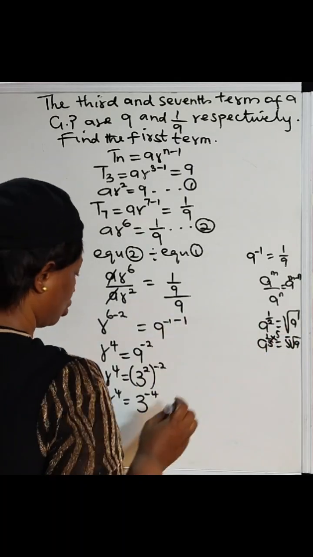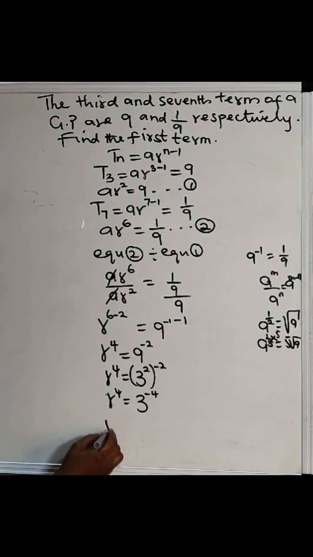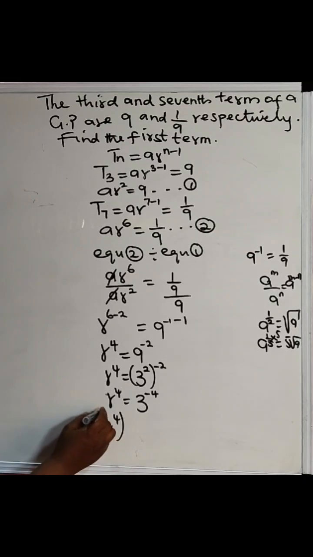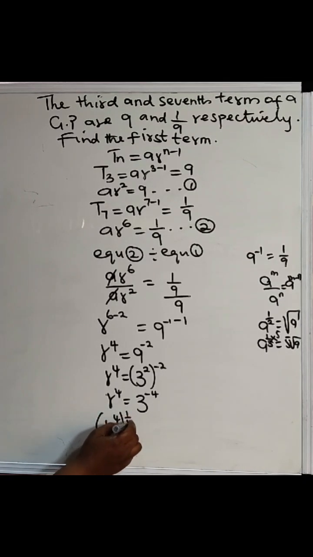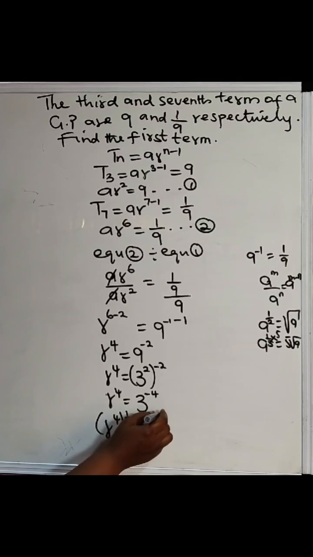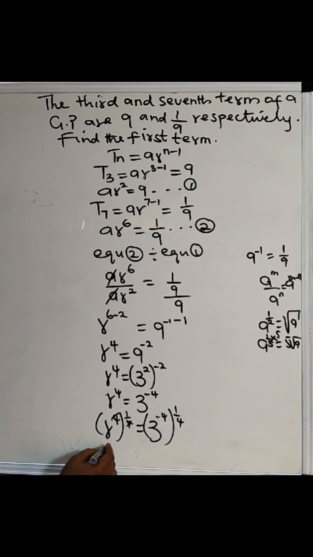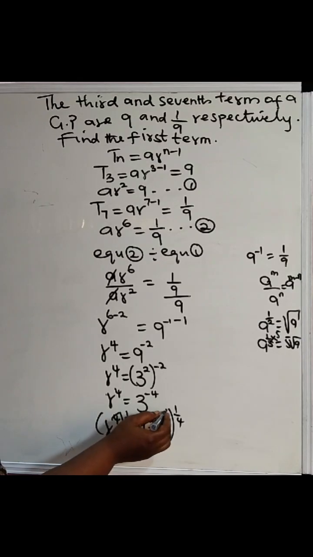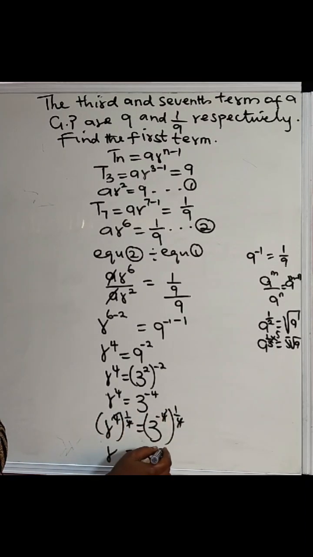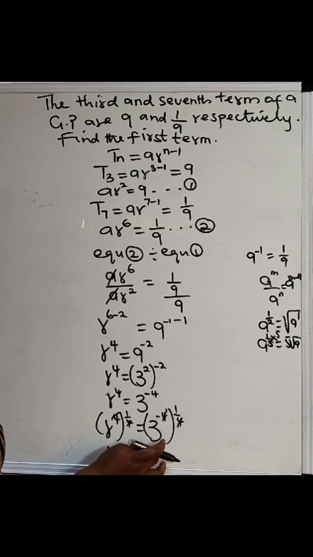So we have r raised to power 4 times 1 over 4 is equal to 3 raised to power minus 4 times 1 over 4. 4 will cancel this 4, we remain with r. r here is equal to 3 raised to power minus 1.